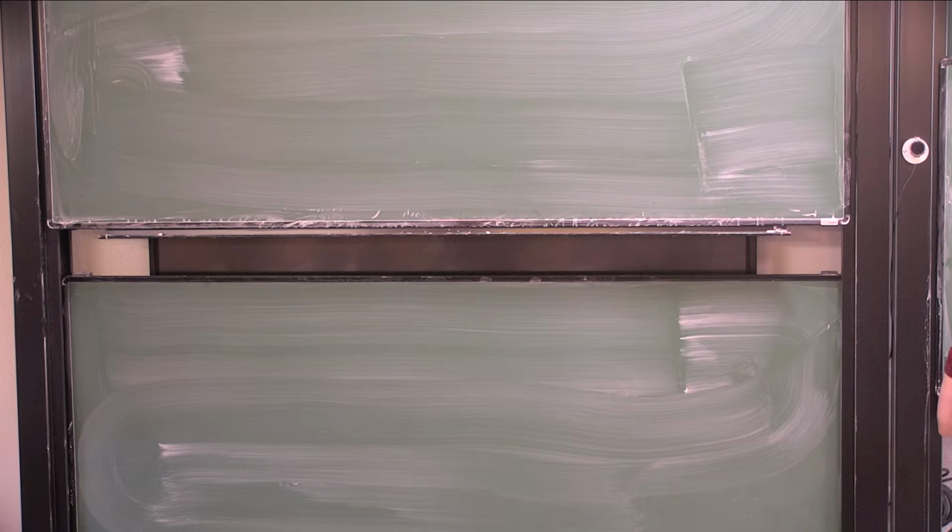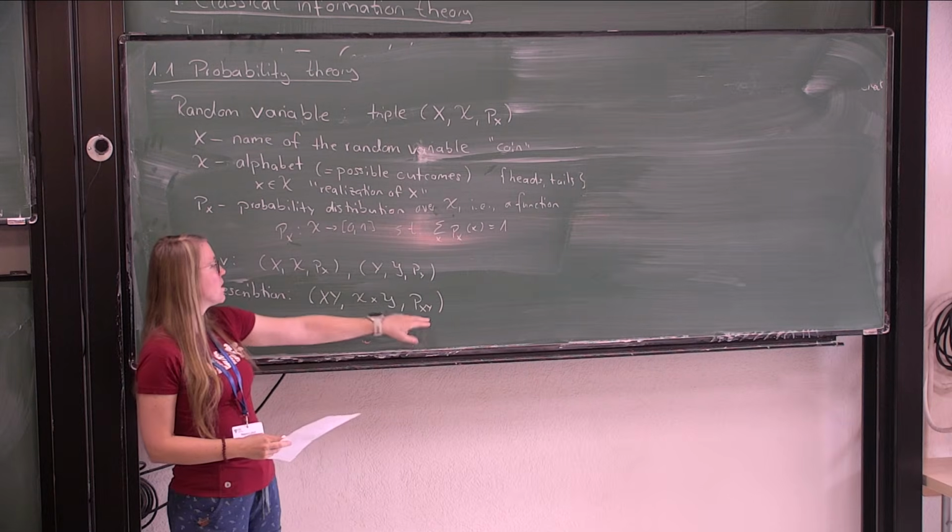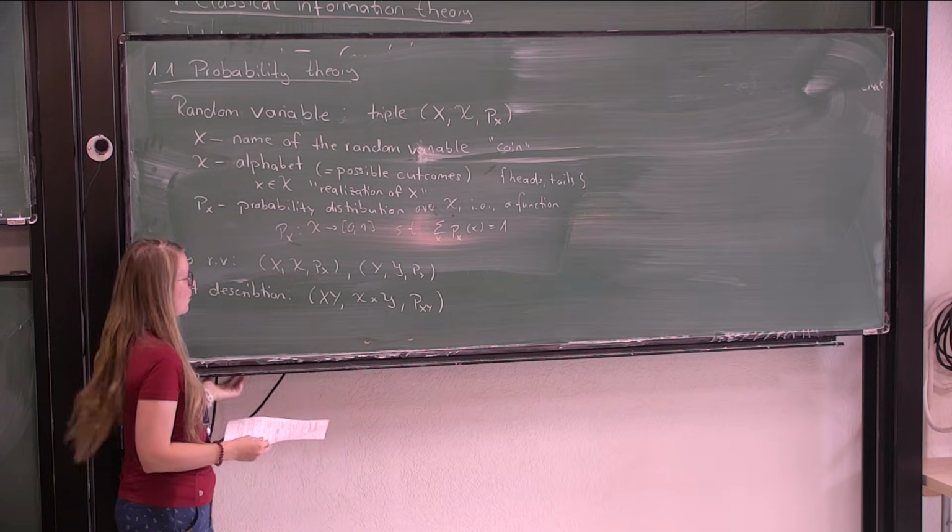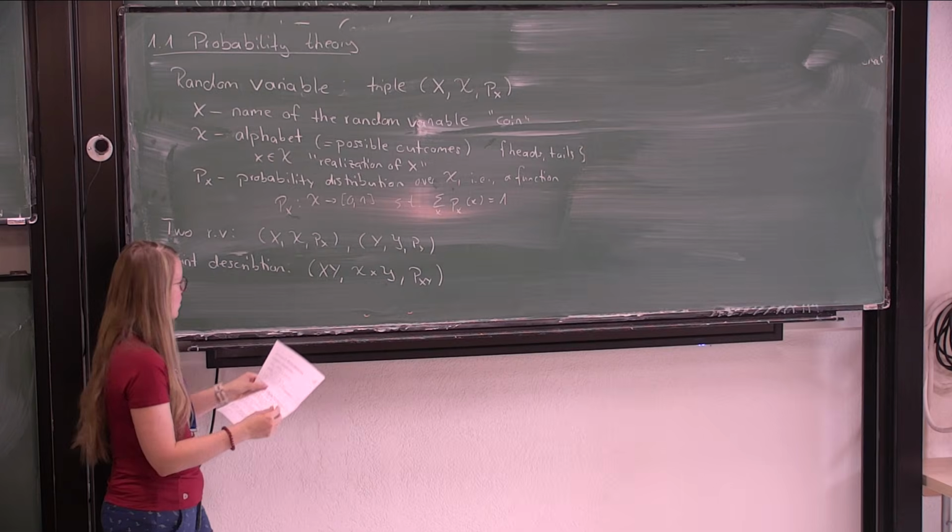Then I would have a triple, whatever I want to call it. And the alphabet is then simply the product of the two, so I always have to take a tuple of elements. And I have a joint probability distribution. But this joint probability distribution is not necessarily the product of the individual probability distributions.